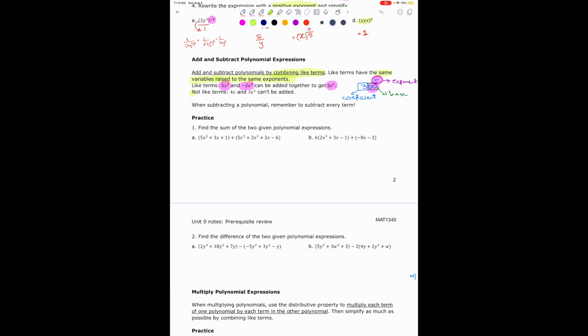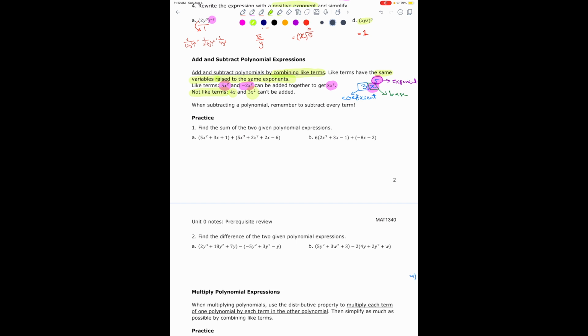Unlike terms have either different bases or different exponents. In this case, 4x and 3x squared both have the same base, however, the exponent is not the same, which means you cannot add them together. If I apply the same example, 4x might represent 4 bananas and 3x squared might represent 3 apples.